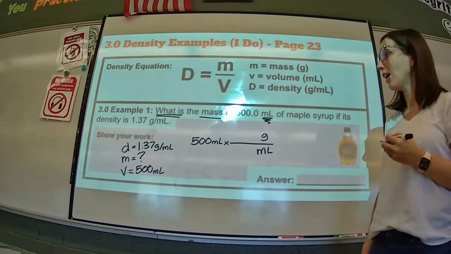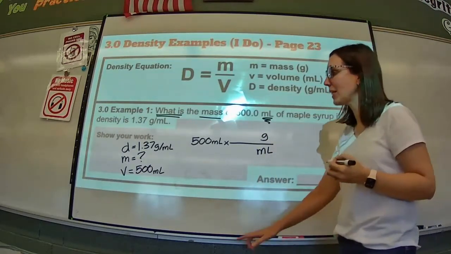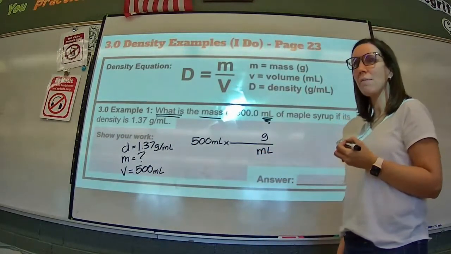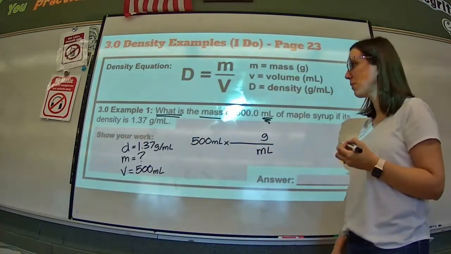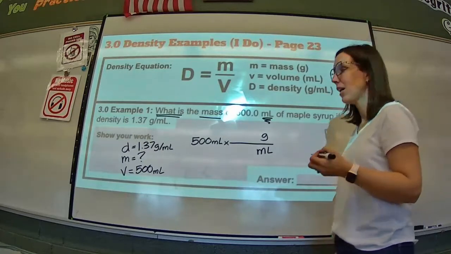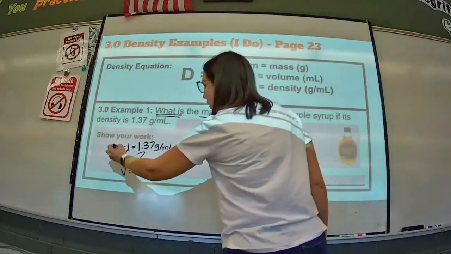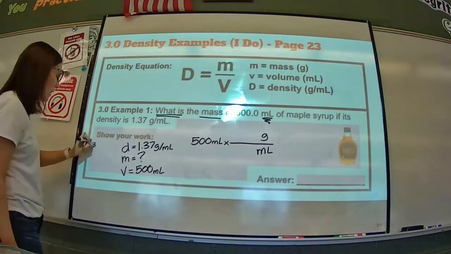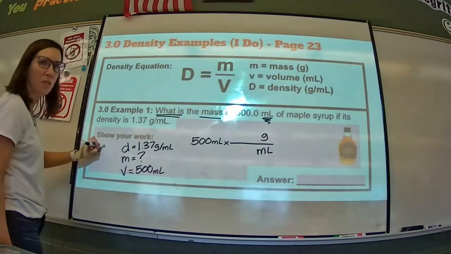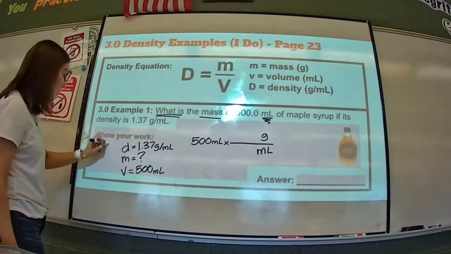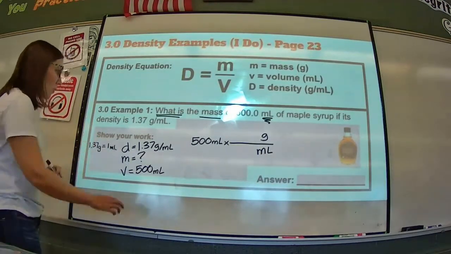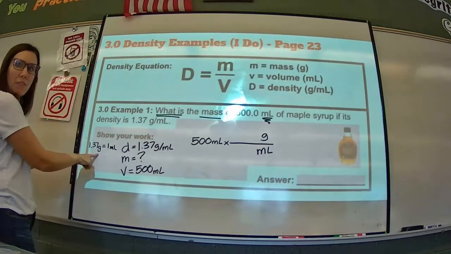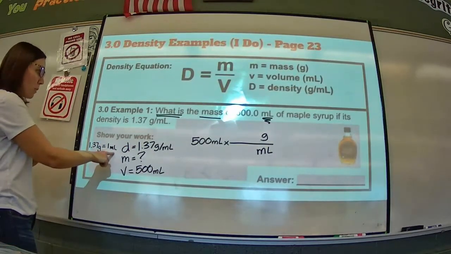If I take a look at my density, what that really means when I have 1.37 grams per milliliter, the translation of it, is that 1.37 grams is equal to 1 milliliter.